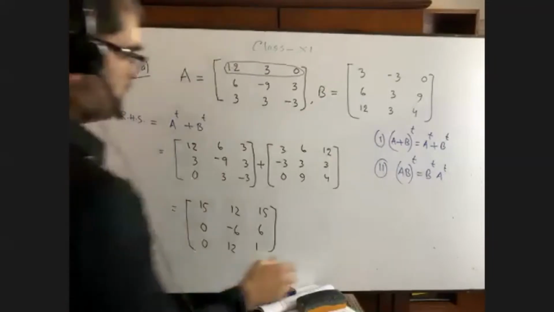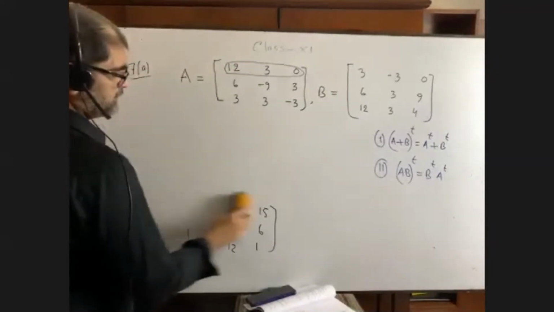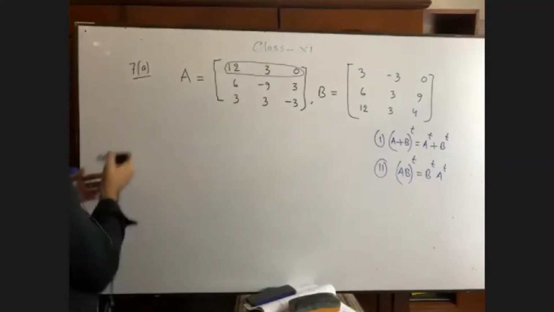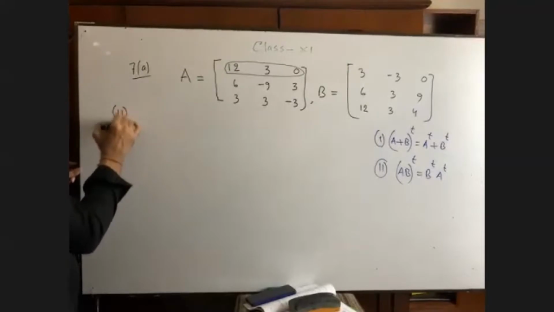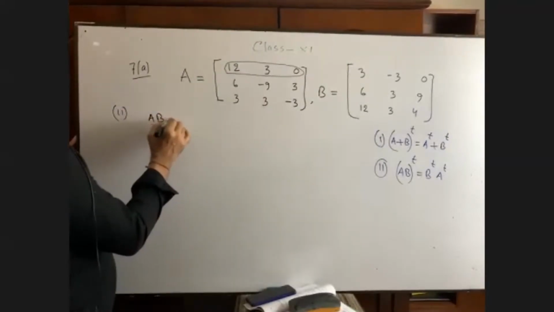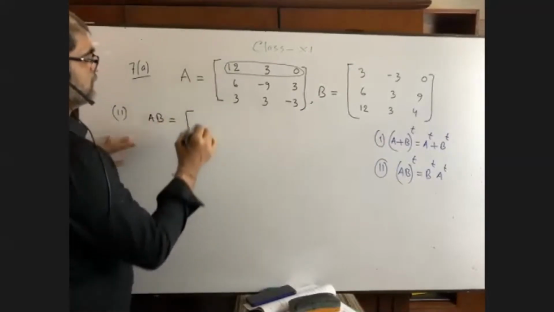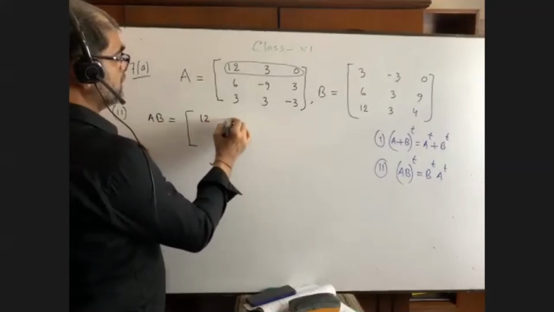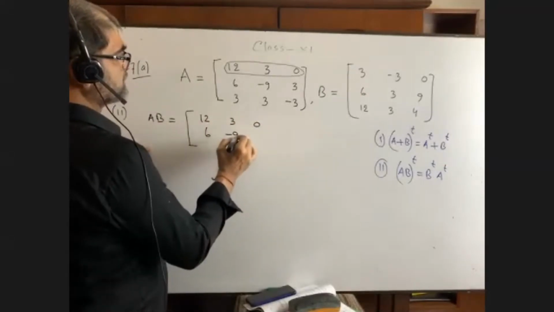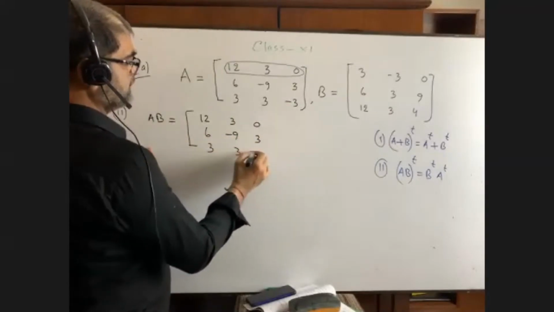Now go to question number 2. In question number 2, we have AB. Please try to understand. At first determine AB. A is 12, 3, 0, 6 minus 9 3, 3 3 minus 3.